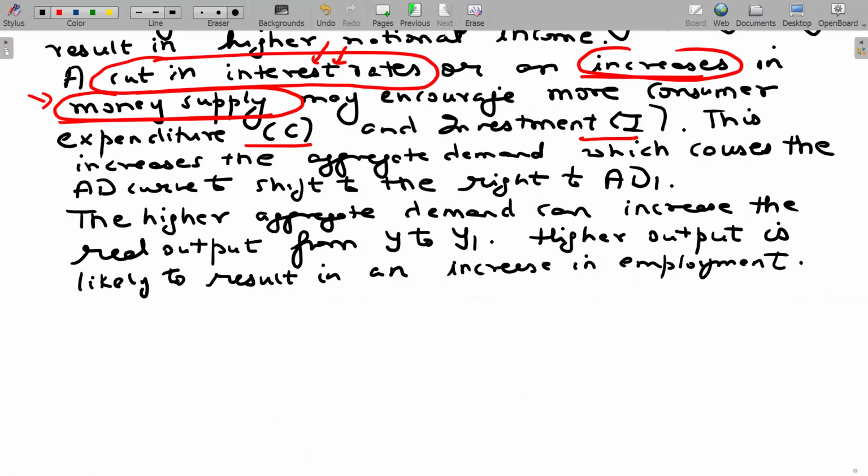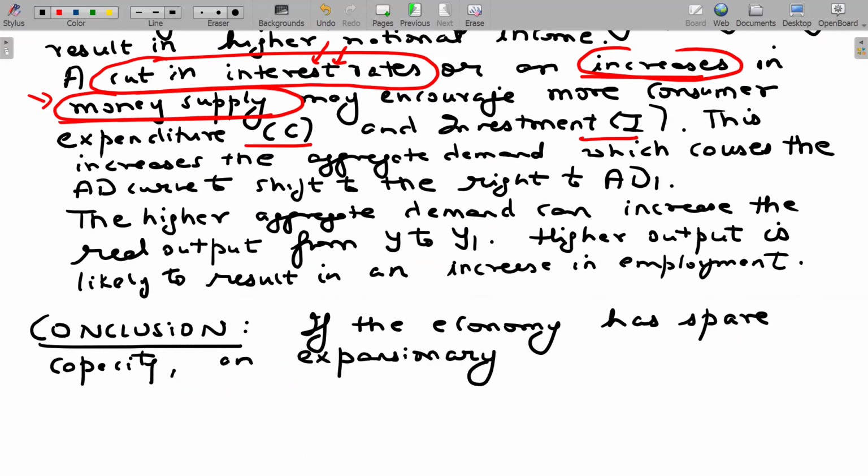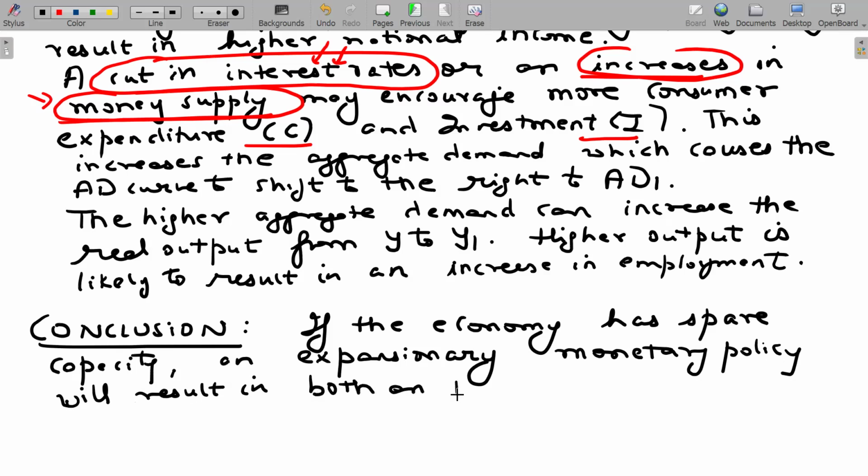So I can conclude here: if the economy has spare capacity, an expansionary monetary policy will result in both an increase in the price level as well as an increase in the real output.